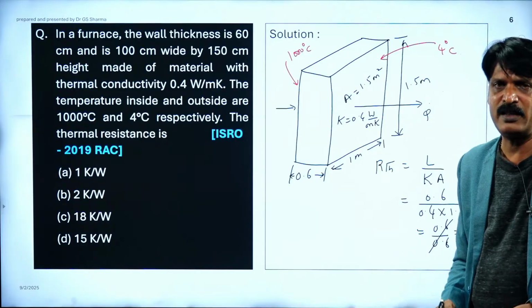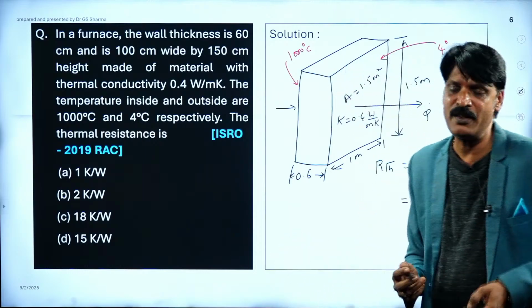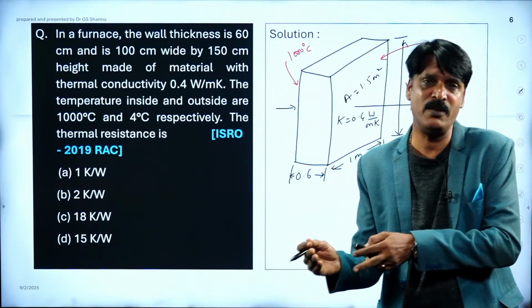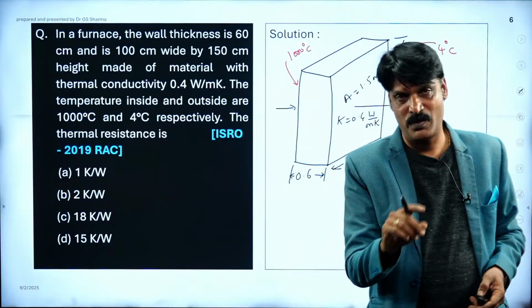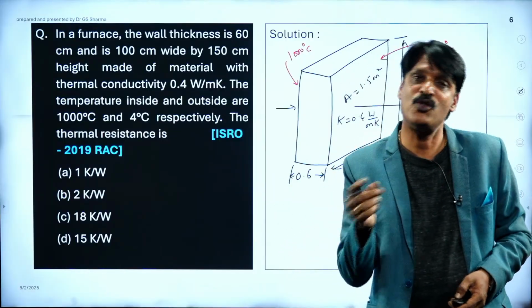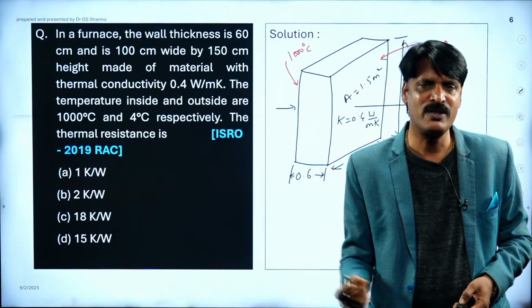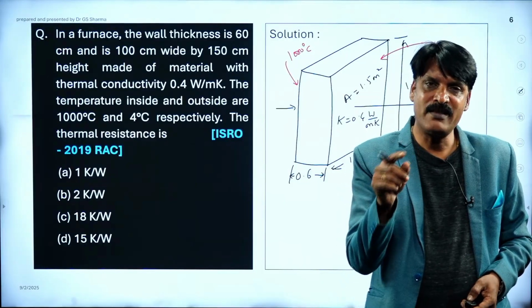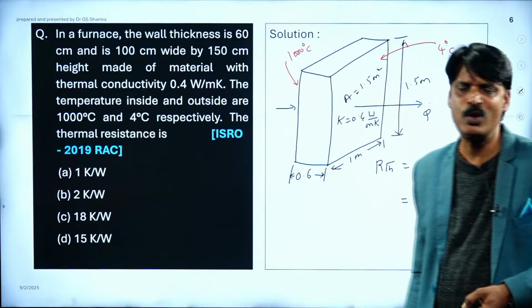For spheres, try to convert it back into a plane wall: the thickness corresponds to the radial thickness of the sphere and the area corresponds to the GMA, geometric mean area, 4 pi R1 R2 under root. Thereby again its thermal resistance is given by radial thickness divided by GMA into K.